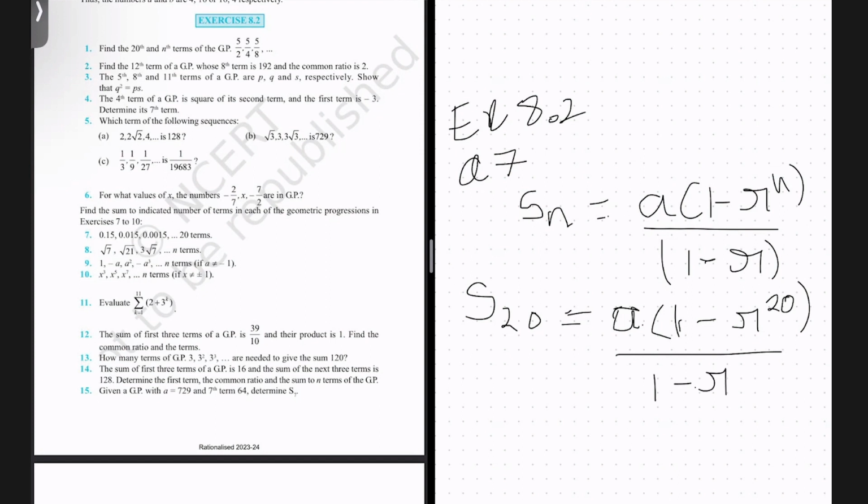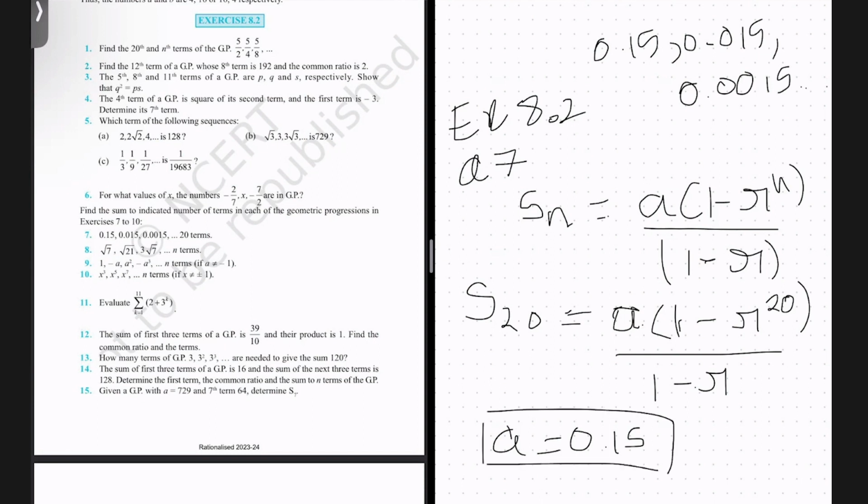So this is going to be my sum up till the 20th term. Now we have a as 0.15, right? Because the sequence that has been given to us is 0.15, 0.015, 0.0015, and so on and so forth, right? So the first term, a, is going to be 0.15, right?